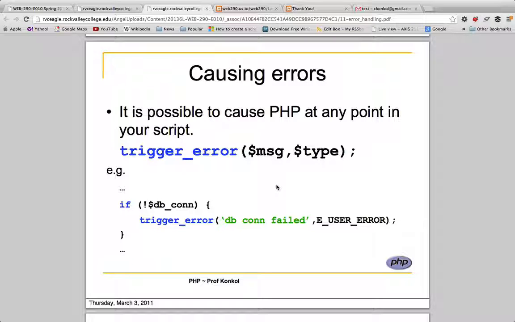An example would be if the DB connection fails, trigger_error('DB con failed', E_USER_ERROR). That's a trigger error that you're asking PHP to specifically call.